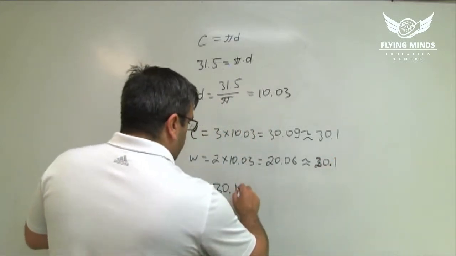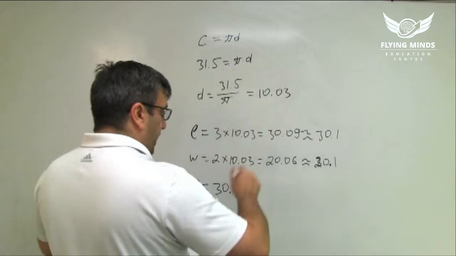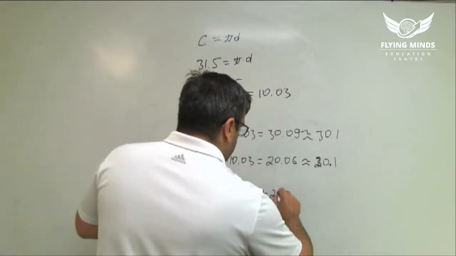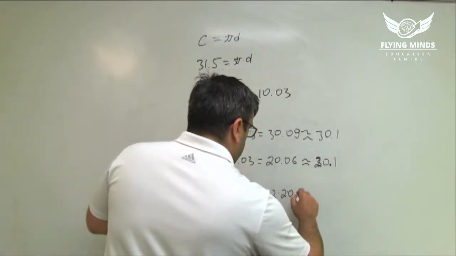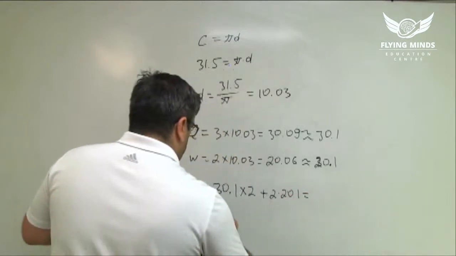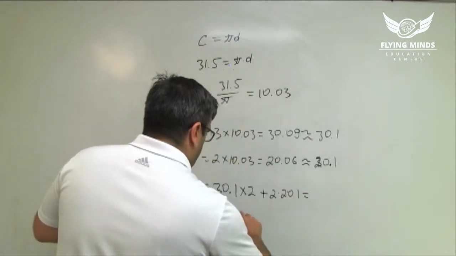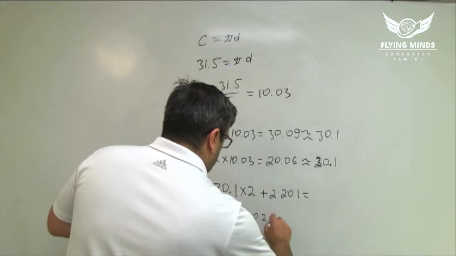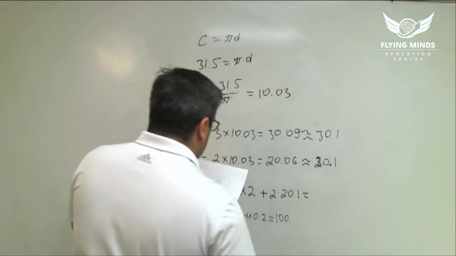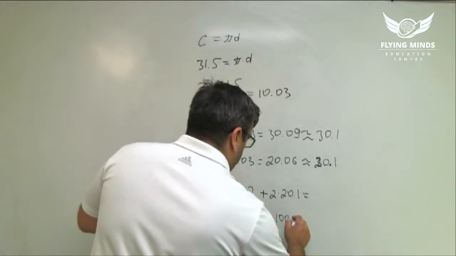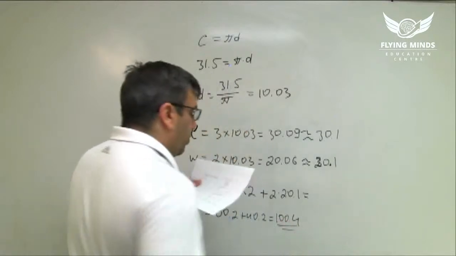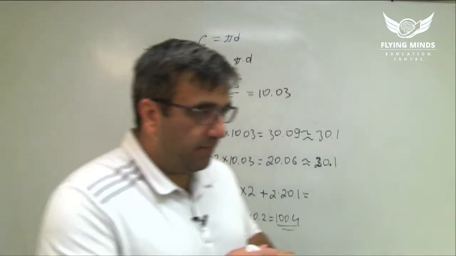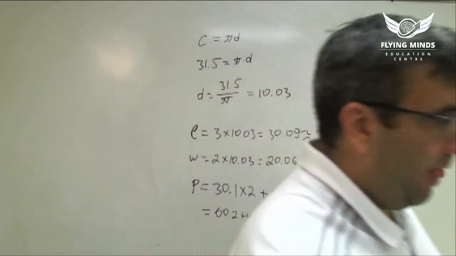So 30.1 times 2, right? Perimeter, 2 lengths plus 2 widths. So it will be 60.2 plus 40.2 gives us 100.4, right? The closest answer is B for this question.